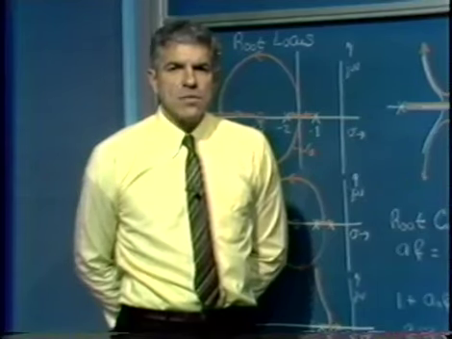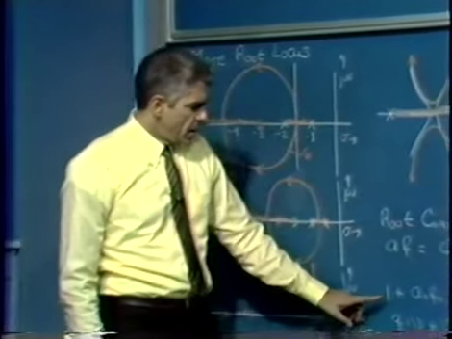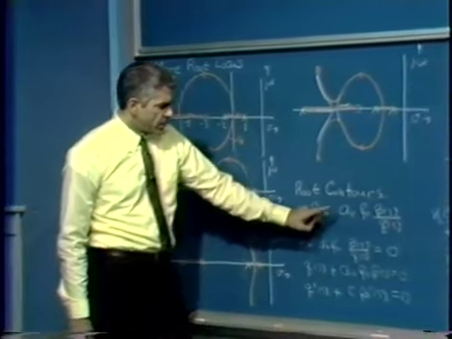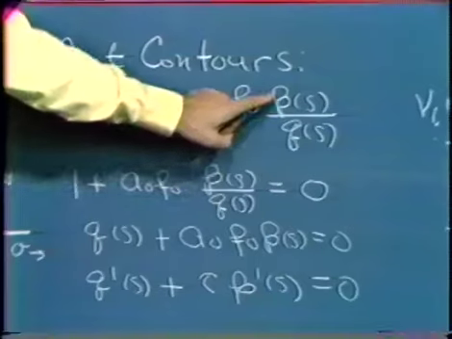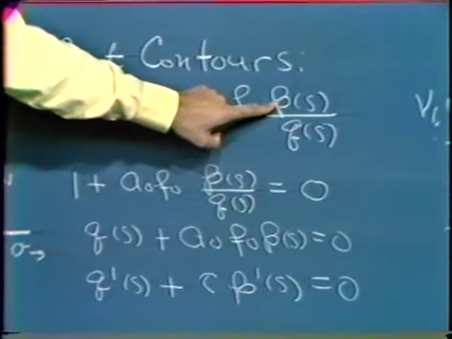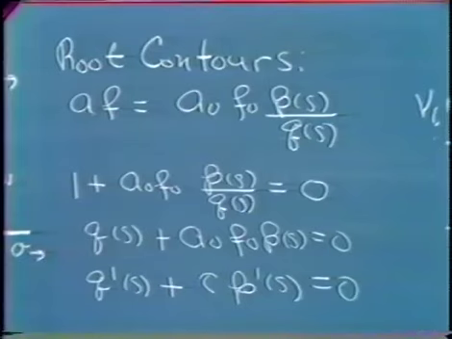Well, we can pursue the following line of reasoning. When we do a root locus analysis, we're starting out with a loop transmission, which is A0, F0, times a ratio of polynomials. In particular, this polynomial in factored form indicates the zeros of the loop transmission, whereas Q of S in factored form indicates the poles of the loop transmission.